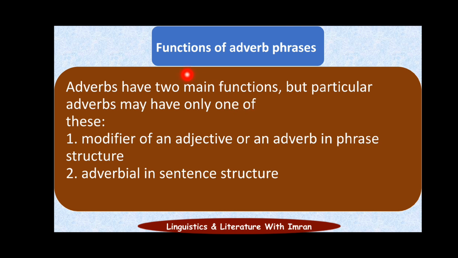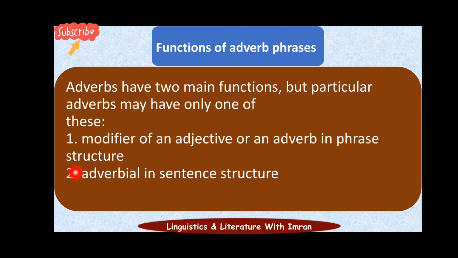Here we will discuss the functions of adverb phrases. Adverbs have two main functions, but a particular adverb may have only one of these. For example, the first function is modifier of an adjective or an adverb in a phrase structure.